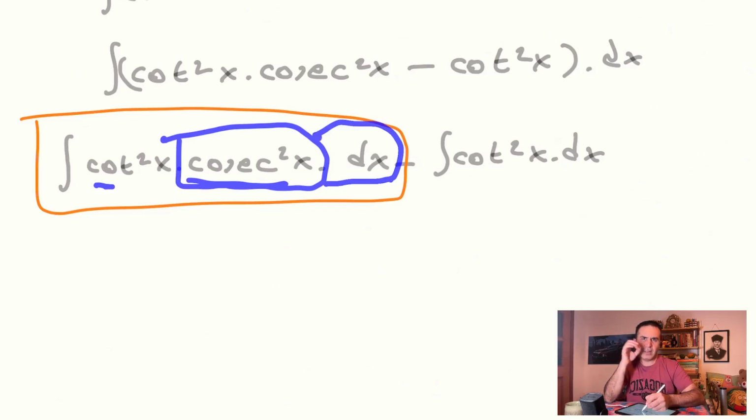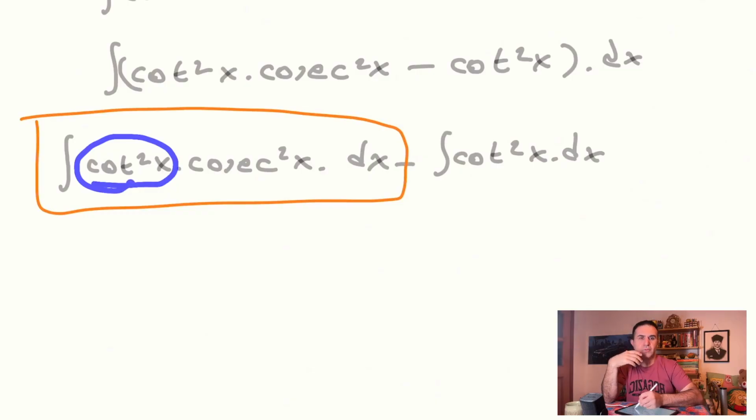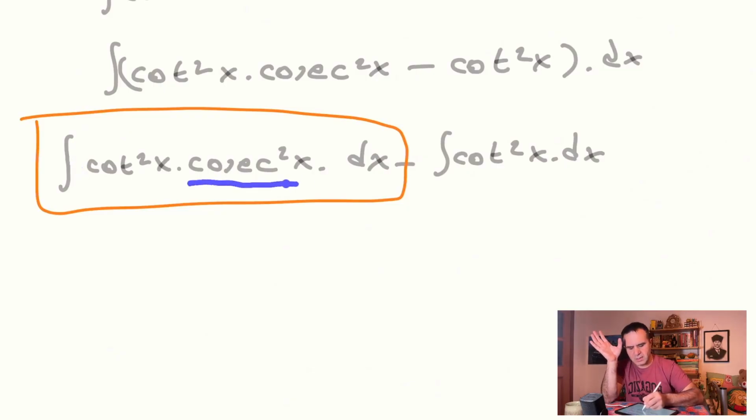This means that this integral is easy and should be solved using the substitution method. The exponent here is not important. This may be cotangent x, cotangent to the 5th power of x, or square root of cotangent x. It's not important because we have here its derivative multiplied by dx.